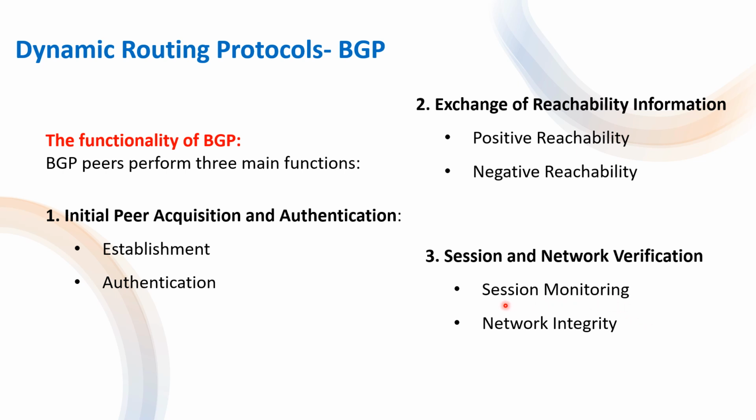BGP ensures that the network paths and the connection between peers are functioning correctly. This helps maintain the reliability and stability of the routing process. These functions are crucial for maintaining accurate and reliable routing information across different autonomous systems on the internet.